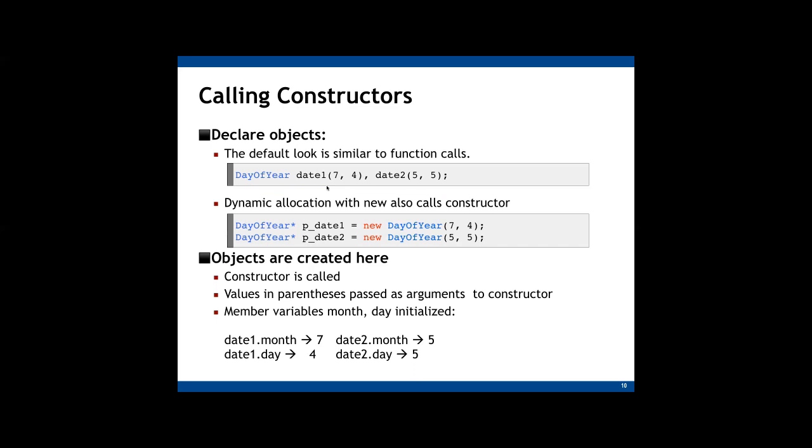Another way of calling the constructor is using the new keyword, as shown here. You can create an object with the new keyword like this one. As we already learned, using the new keyword, we can dynamically allocate memory in the heap region. As you can see here, this is a pointer variable. This one is not a pointer.